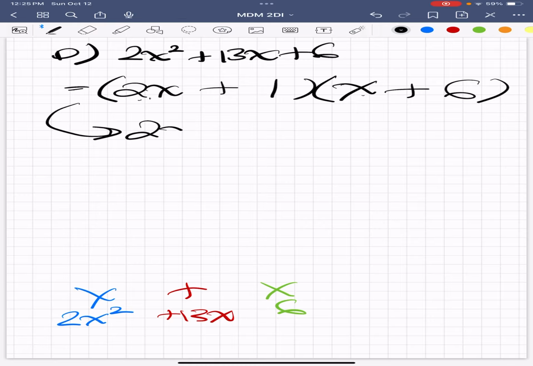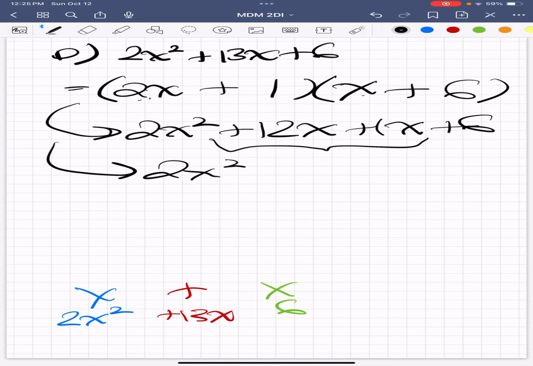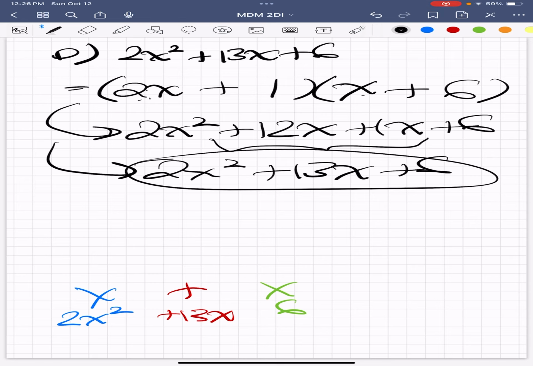So we have 2x squared plus 12x plus 1x plus 6. And then we're going to simplify the middle term. So we have 2x squared plus 13x plus 6. And then this matches the original expression.